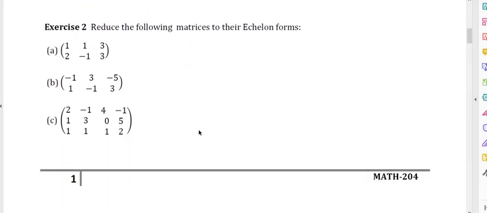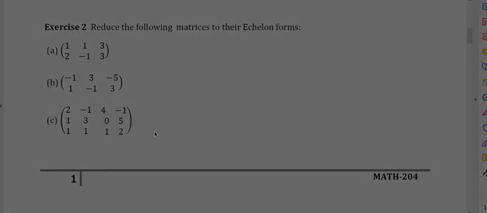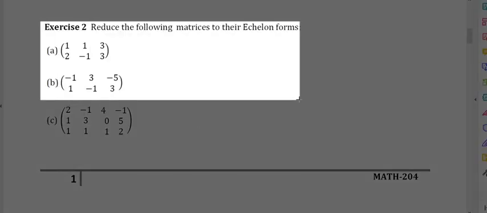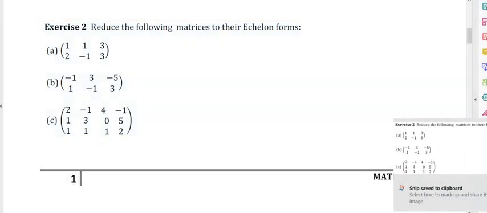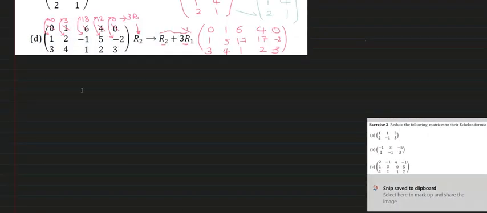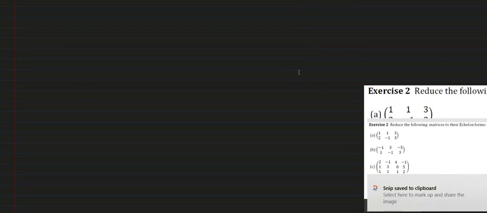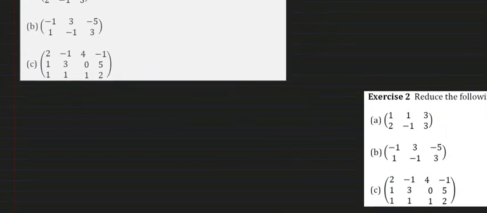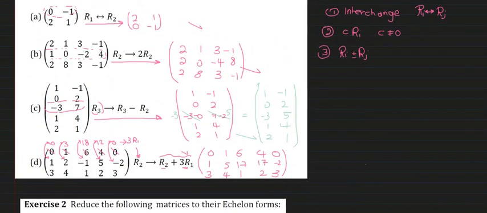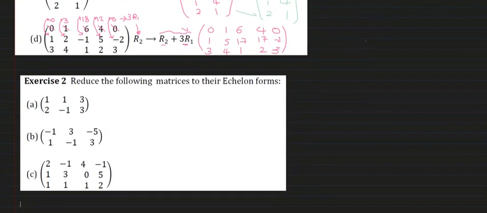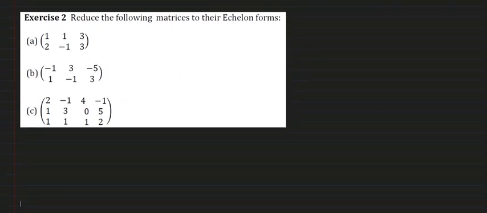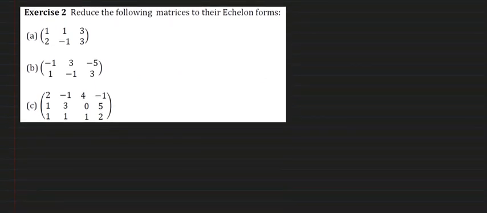Okay, let's have a look over the echelon form, and we need to apply this over number C. Let's apply it over number C. Okay, we will solve it in number C. Let's first know what is the echelon form.